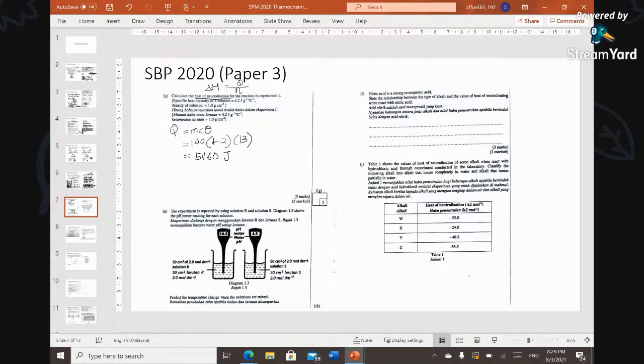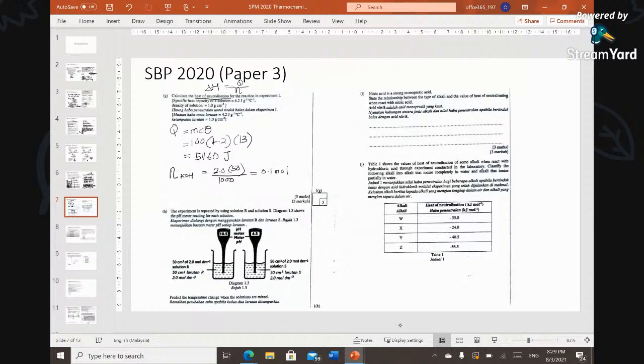Now you have to calculate the number of moles. So the number of moles of potassium hydroxide. You can use MV over 1000, the concentration is 2.0 times 3 divided by 1000. So you will get 0.1 mole.